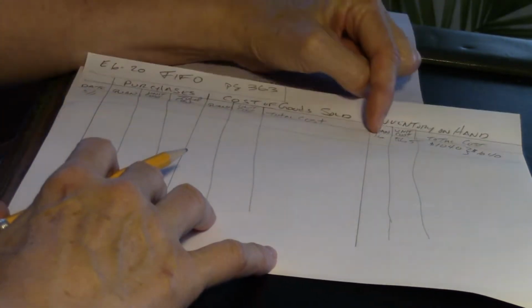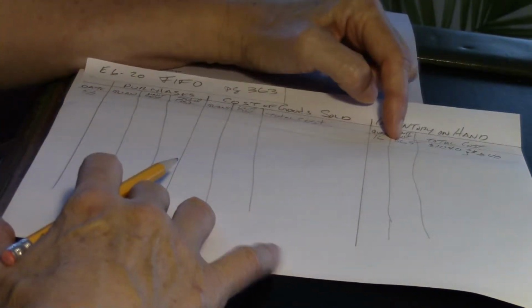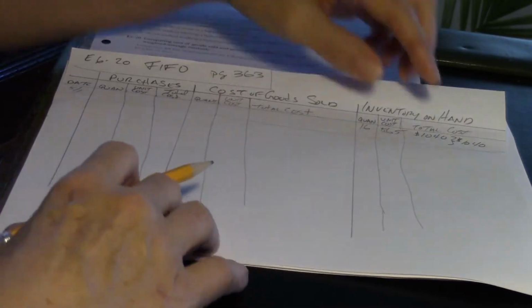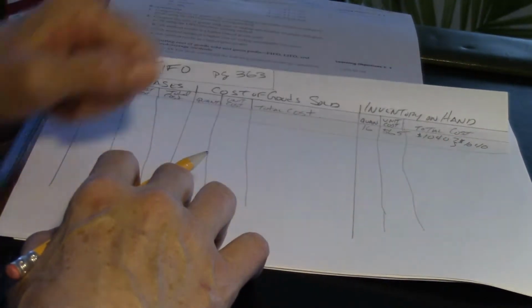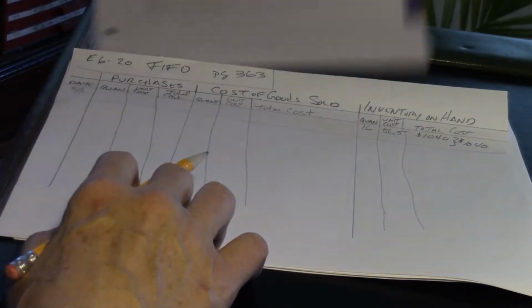So we have 16 tires on hand. Our inventory on hand cost 1,040.